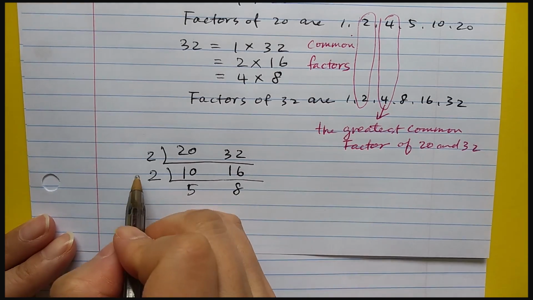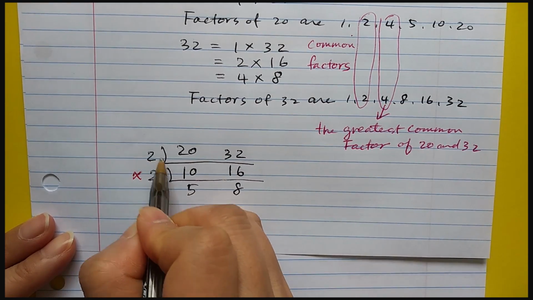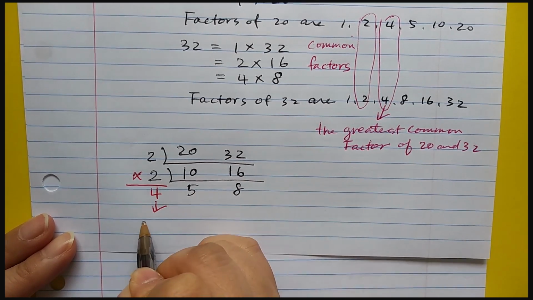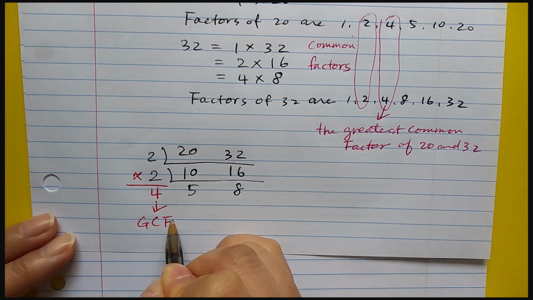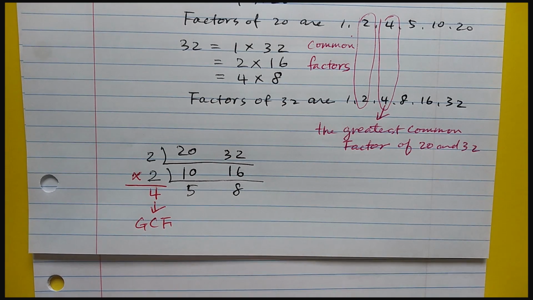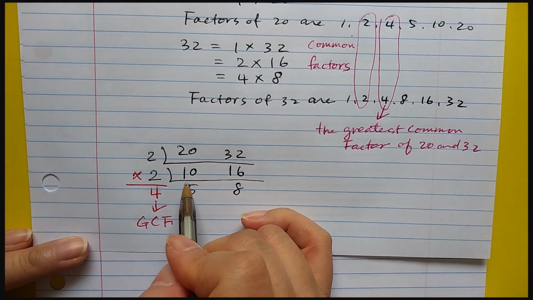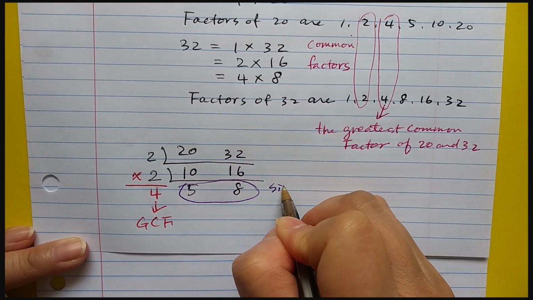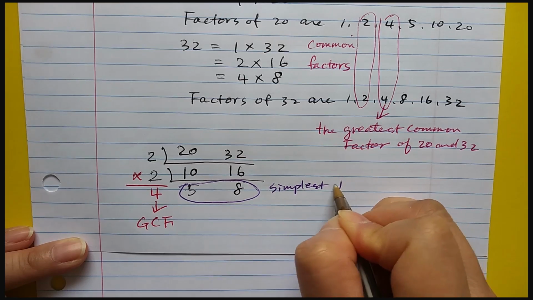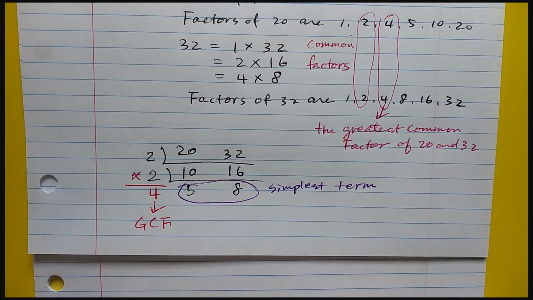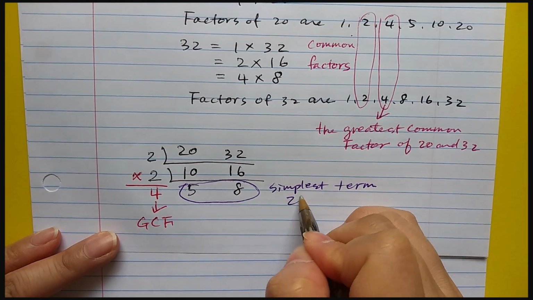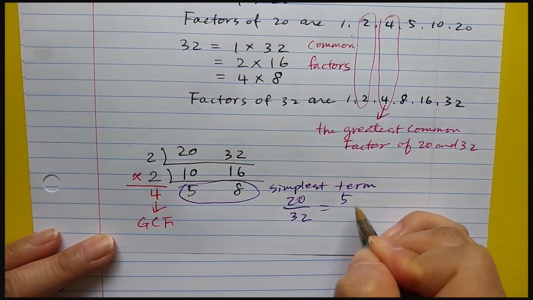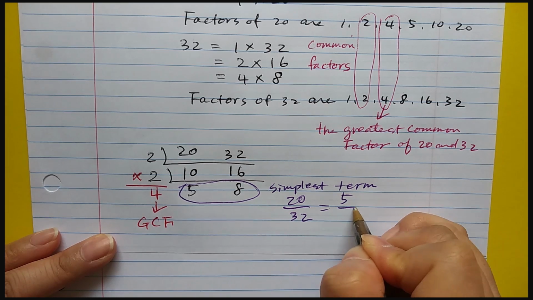When you're done, if you multiply these front numbers here, that is your greatest common factor. And the numbers here give you the simplest term. So 20 over 32, the simplest term is 5 over 8.